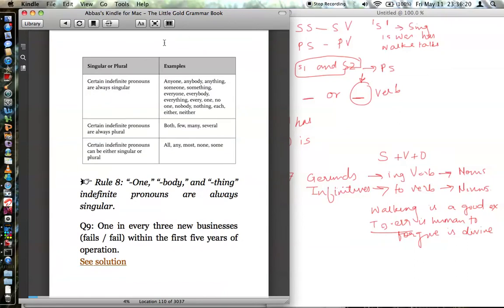And then you have some indefinite pronouns. Anyone, anybody, anything, someone, somebody. So anything that ends in one, body, thing, these are singular. And then there are some indefinite pronouns such as both, few, many, several. These are plural, and there are a few which can be plural and singular. You can go through this list by pausing the video.